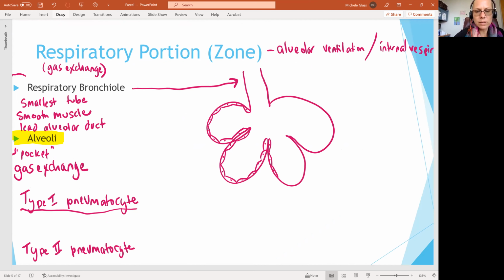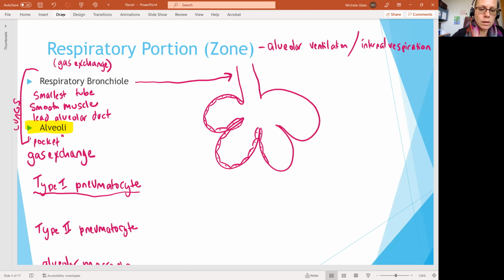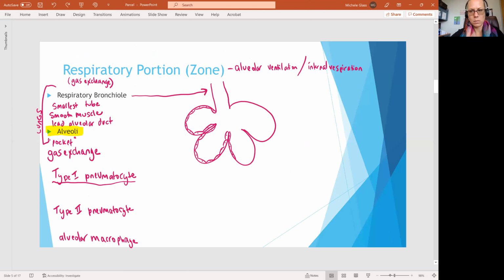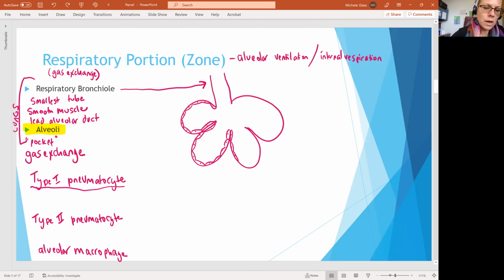So when we talk about our type 1 pneumatocyte, we're going to talk about them as actually lining the alveoli. This is actually where the gas exchange is happening. This is a simple squamous epithelial cell.